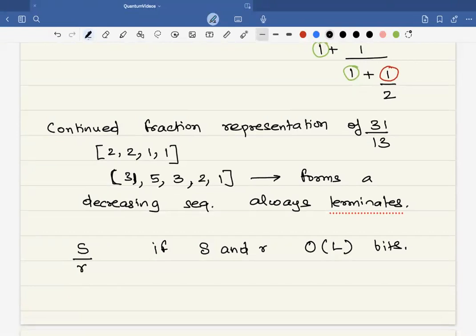So the total continued fraction algorithm has complexity L cube. It can be implemented in order L cube operations.